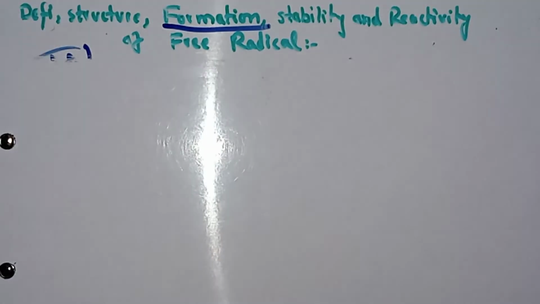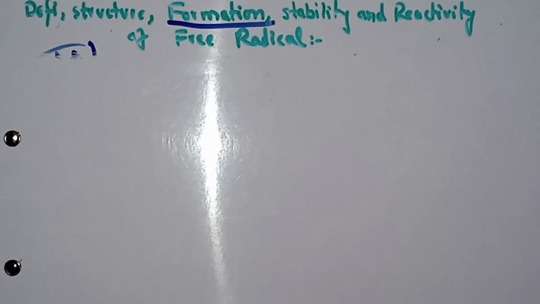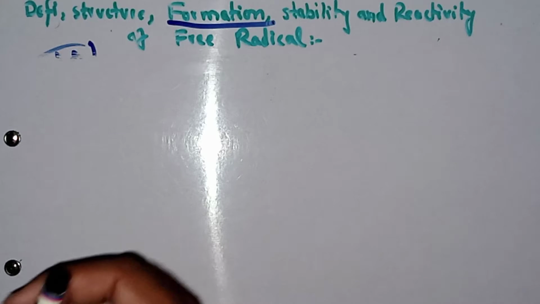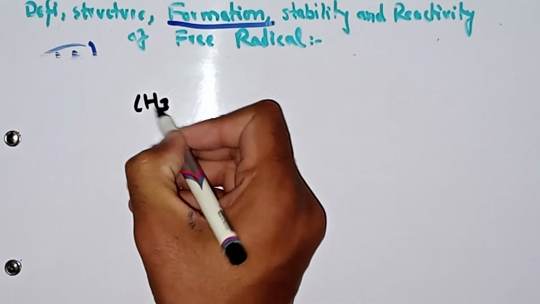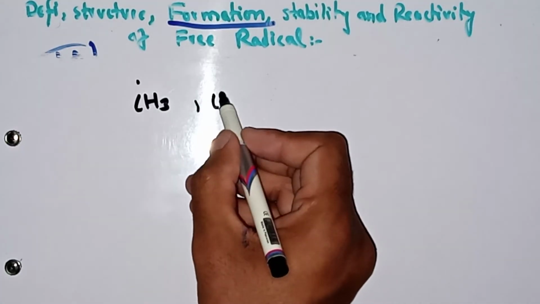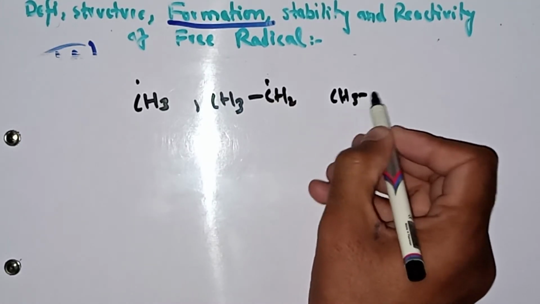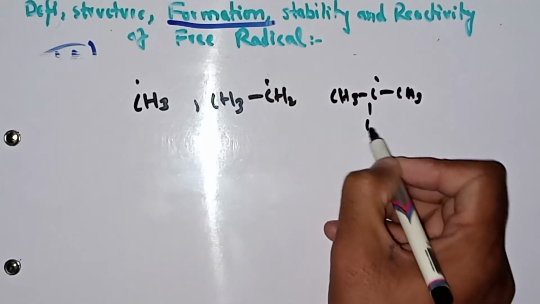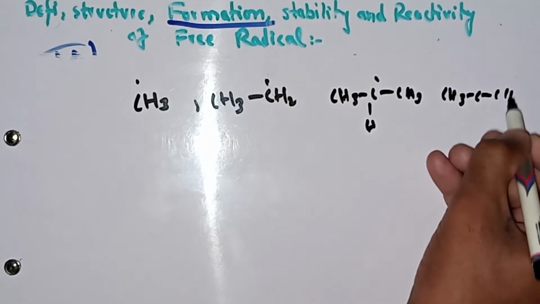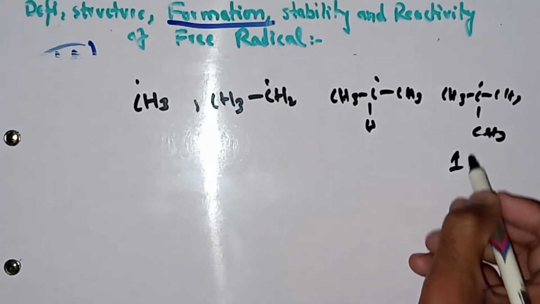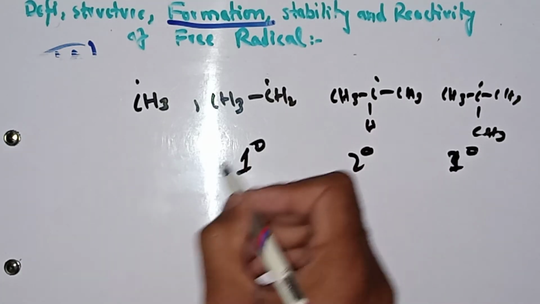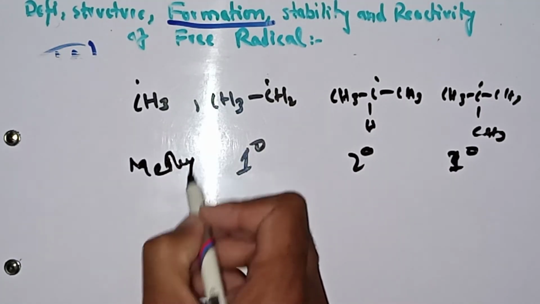Let's take an example. Here is the CH3 methyl radical, here is the primary radical, here is the secondary radical, CH3CHCH3, and here is the tertiary radical, C(CH3)3.